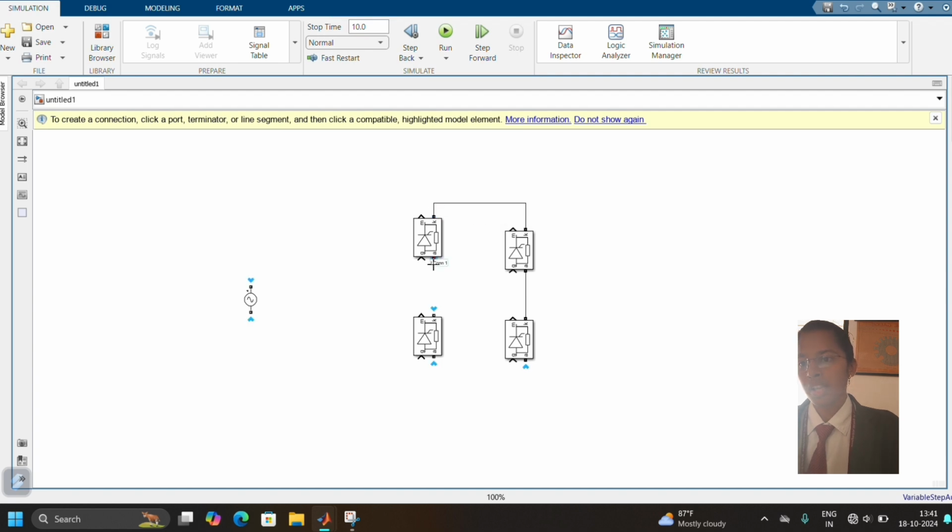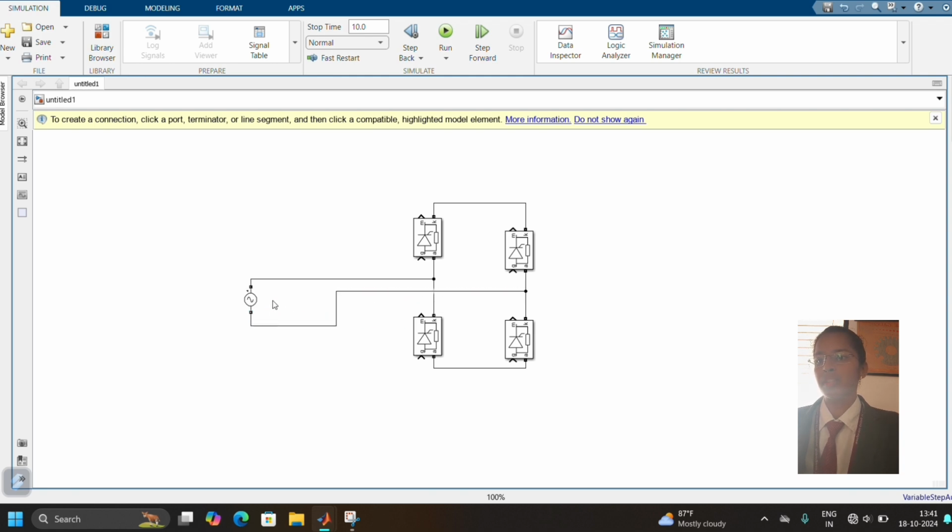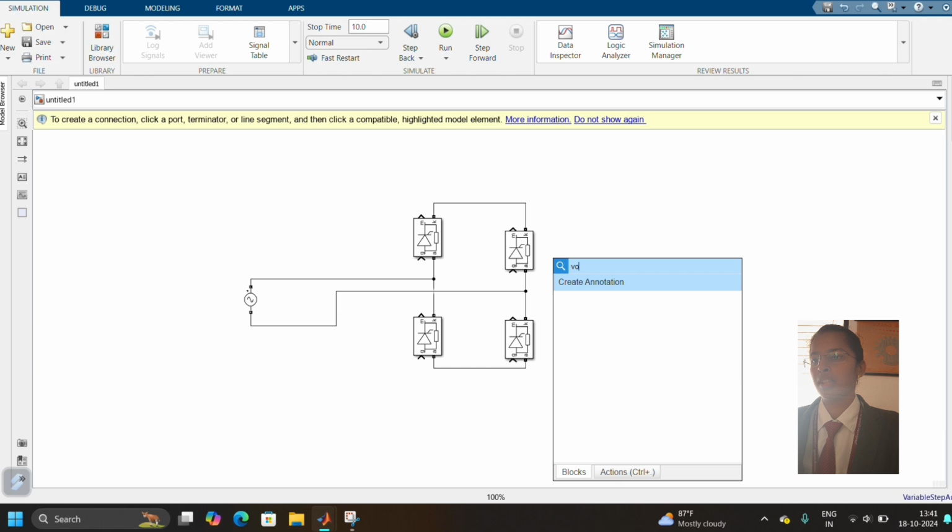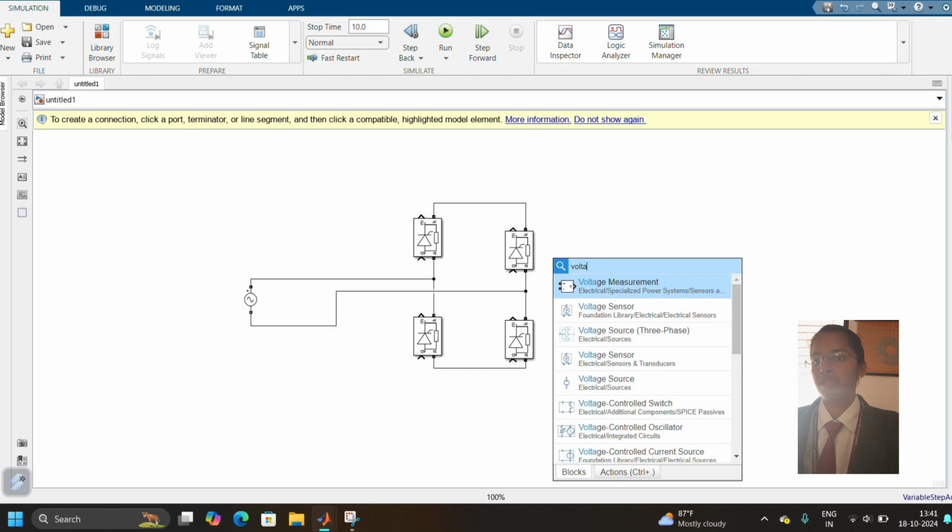Connect all these thyristors' anode and cathode terminals. Then connect the first terminal of the AC voltage source in between thyristor 1 and thyristor 4, and the second terminal of this into this.